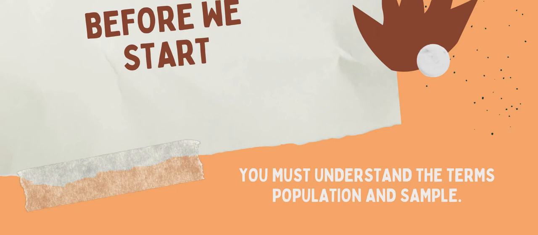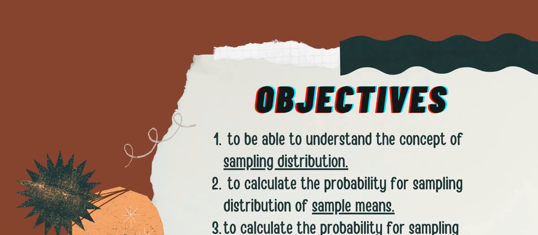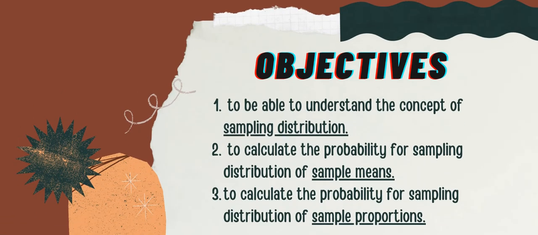I cut it here because that is not our main topic. Our main topic for this week has three objectives. By the end of this chapter, the first one is that you will be able to understand the concept of sampling distribution.